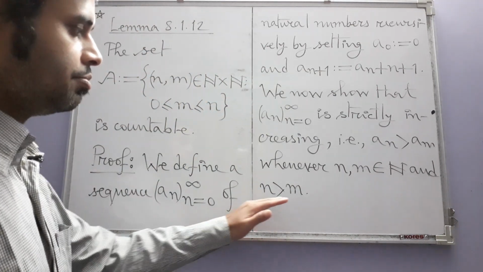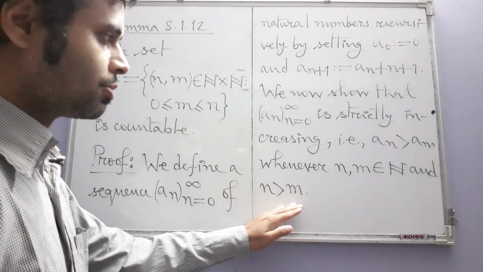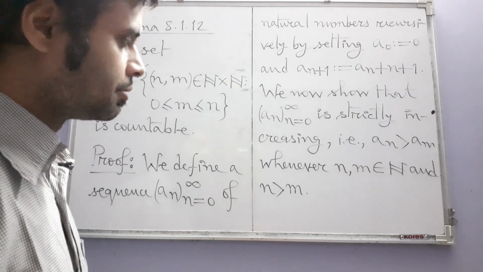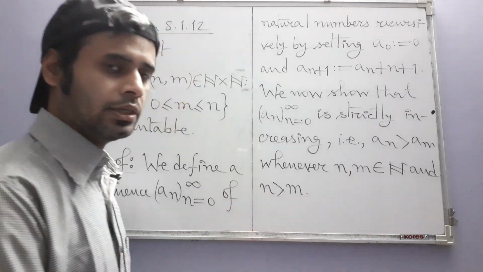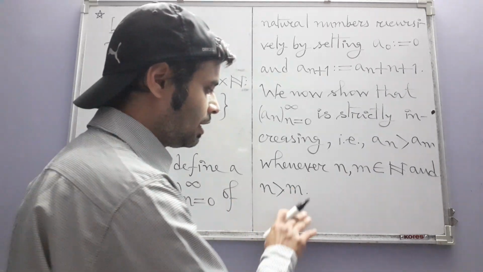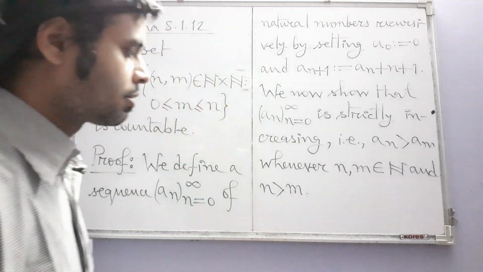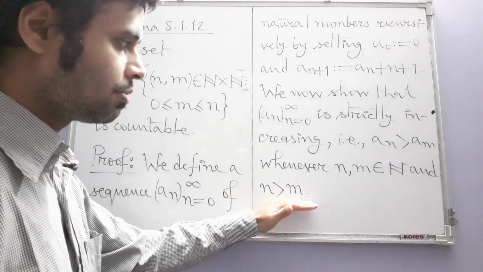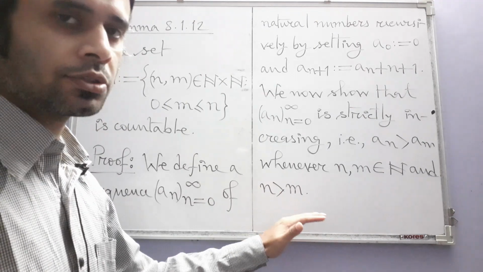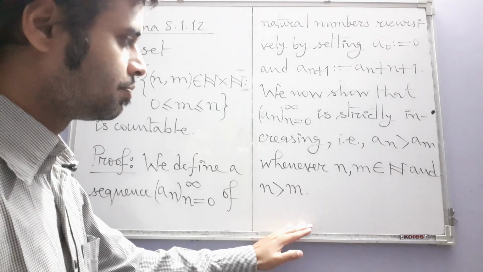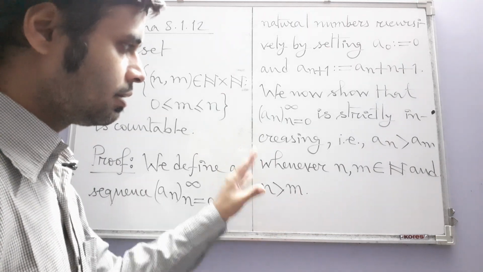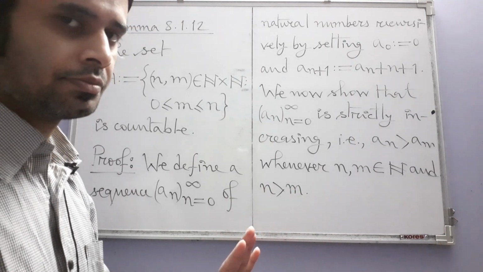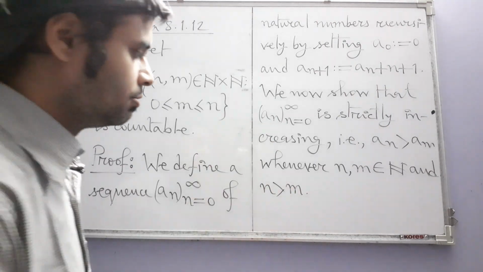Now this claim is not proved in the text because it is supposed to be something very straightforward, but we do it here. At least that's how I feel, we should not allow any gaps in whatever we have to show, no matter how trivial it is. We have to either handle any such gap in the proof itself or in the exercises. So this one we are going to do here itself.